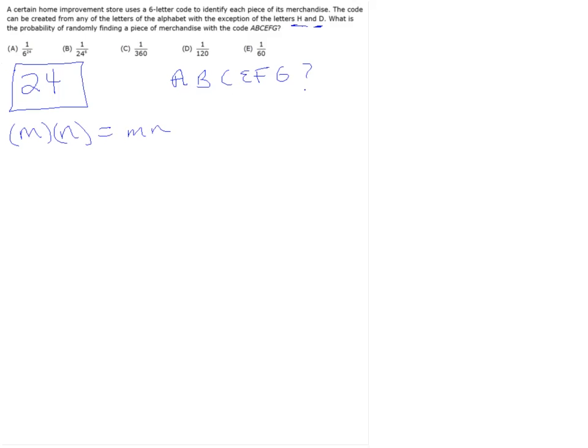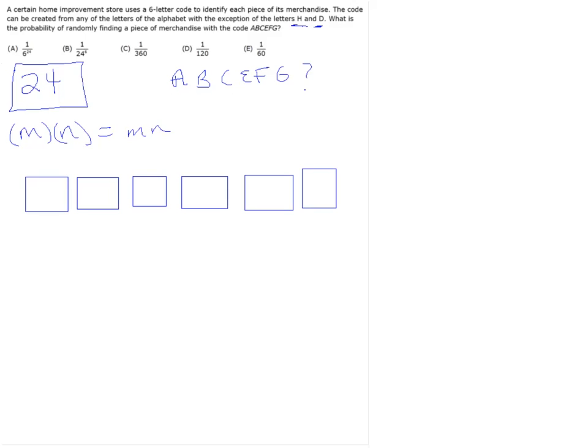So if you think about this, each letter of the code could be represented by a box or a dash, whatever you want to draw. So here are the 6 possible letters for a code. Picture a piece of merchandise, a shovel or something.